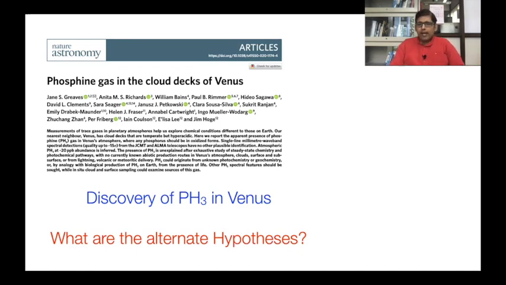So would that imply that there is life in Venus? Can we conclude that there is life in Venus? To conclude, we actually have to test all the alternate hypotheses, and see if any alternate hypothesis would produce this gas in Venus or not, and only then can we say something about life, right?